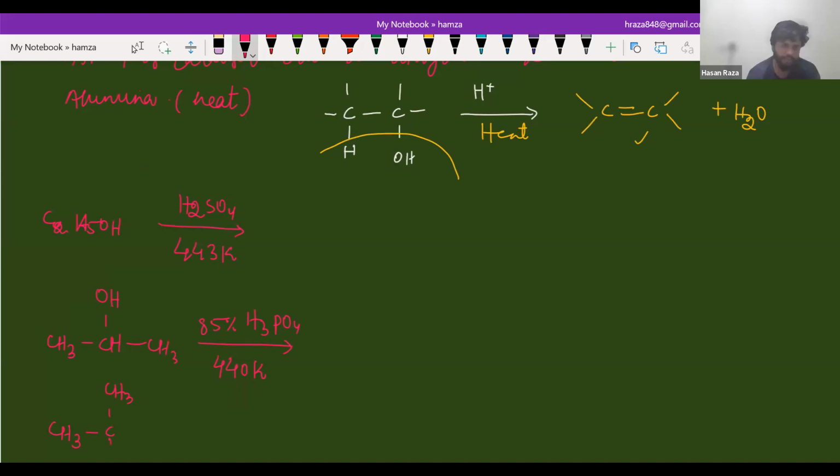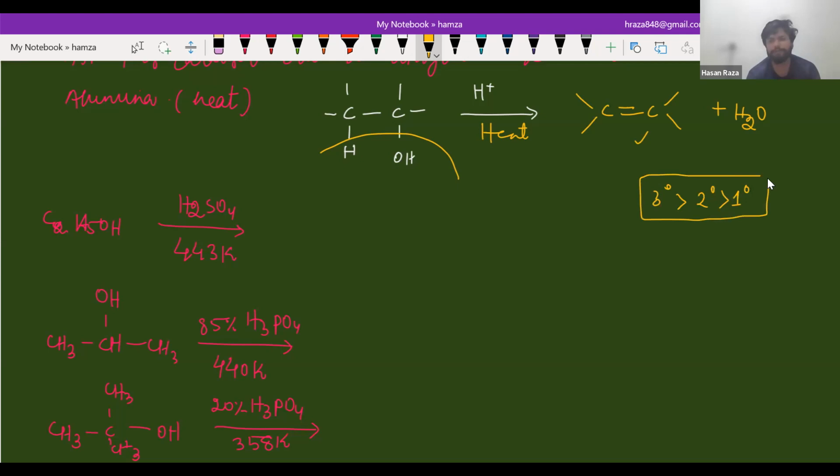And if you have tertiary alcohol, that means CH3C with CH3 above and below, and then OH here, then the condition is very low compared to primary. Only 20% H3PO4 is required, and the temperature is very low, because tertiary alcohol, then secondary, this is the reactivity order.